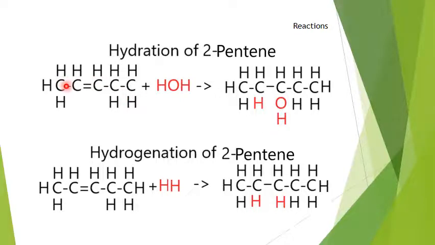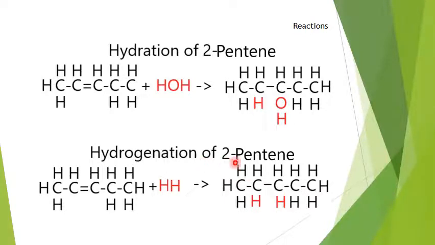That's fine. All right. The next type of reaction is hydrogenation of 2-pentene. In this case, what you do is add H2. I'll write it as HH. What happens is it breaks the double bond and the two hydrogens attach to the carbons.